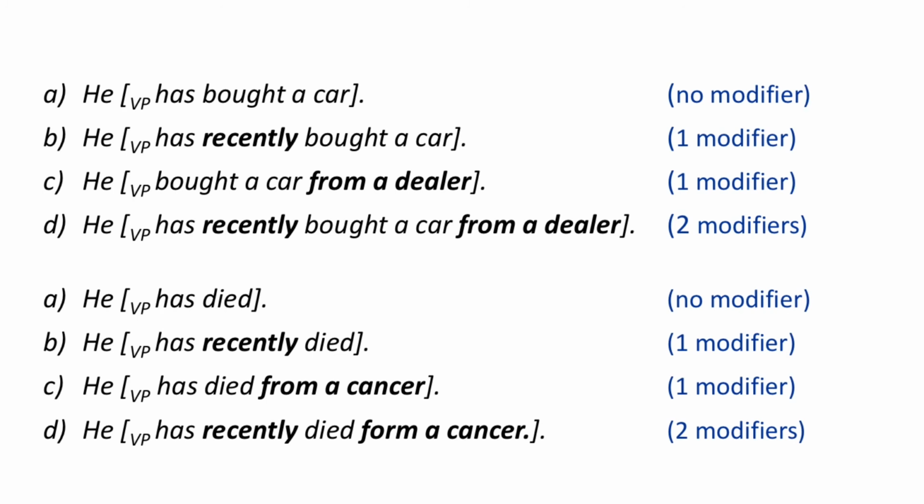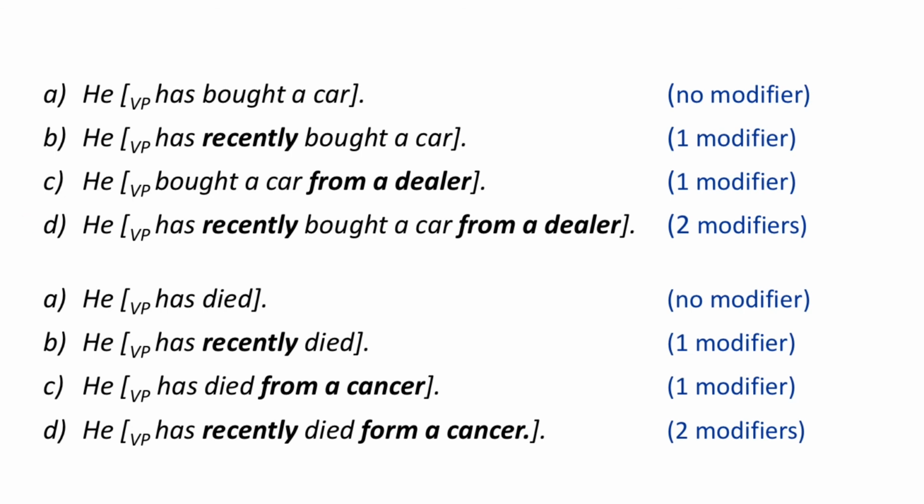In sentence A, he has bought a car. There is no modifier. In sentence B, he has recently bought a car. There is one modifier. In sentence C, he bought a car from a dealer. There is one modifier. And in sentence D, he has recently bought a car from a dealer. There are two modifiers.